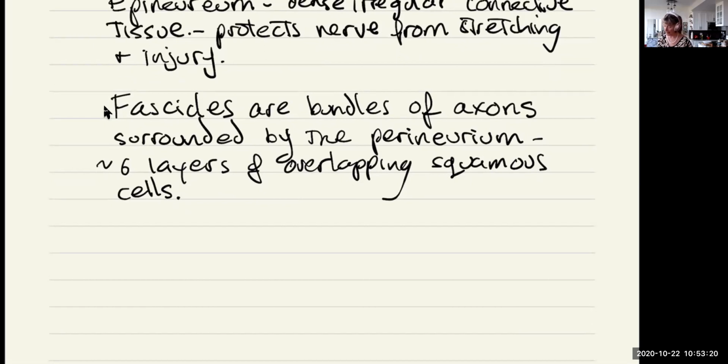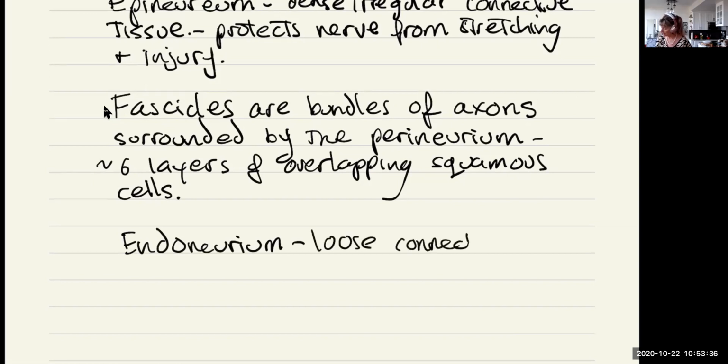The endoneurium. The endoneurium is loose connective tissue surrounding each axon.